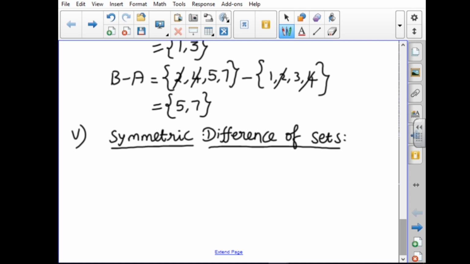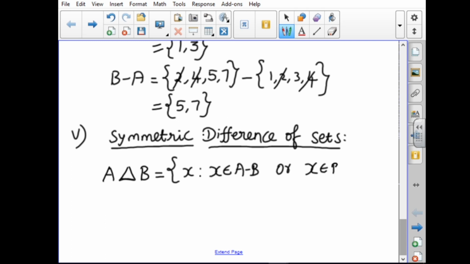The symmetric difference of two sets is A delta B. You can read A delta B as equal to the set of X such that X belongs to A minus B, or, which symbol we can use for union, or we can use for union, X belongs to B minus A.